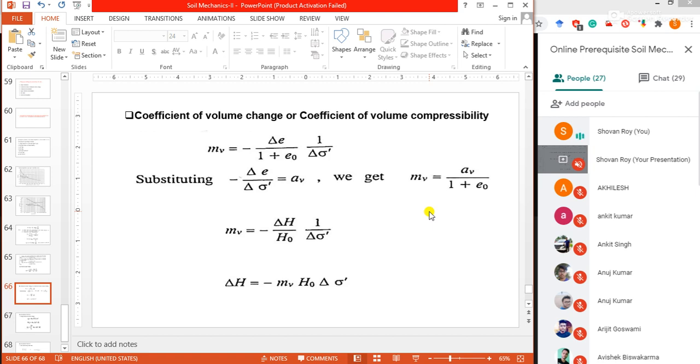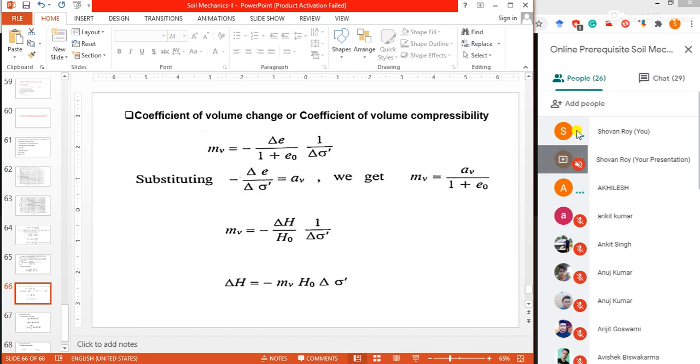Thickness means height. So the change in the thickness is delta H. And the initial volume is proportional to the initial thickness.